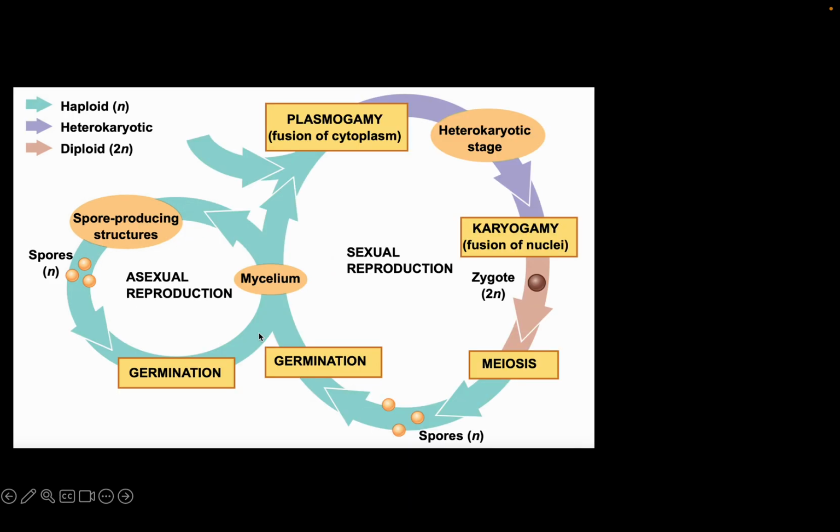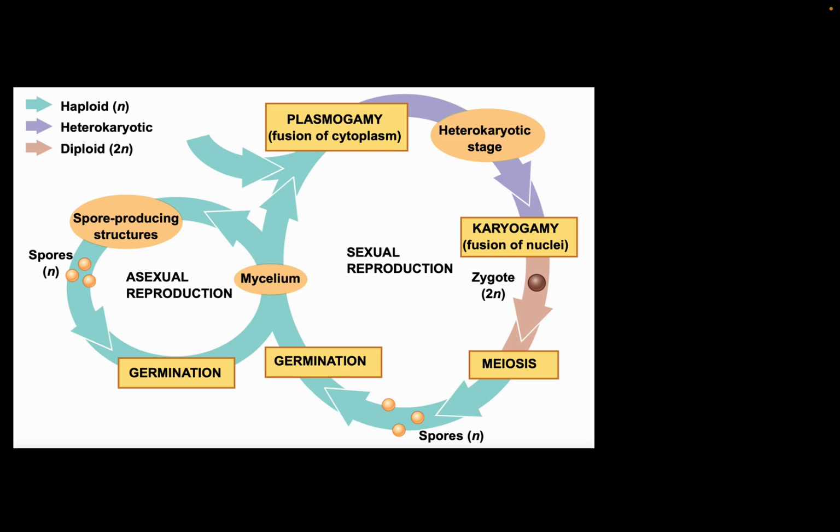But we also have sexual reproduction with these organisms. Let's walk through this. We have mycelium, our large structure, and we have plasmogamy, which is the fusion of cytoplasms. I have a photo on the next slide that helps explain this.